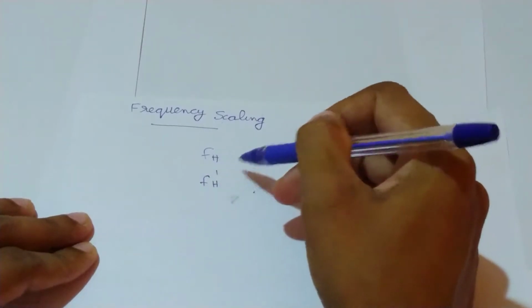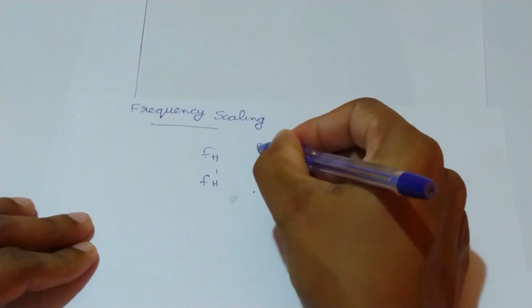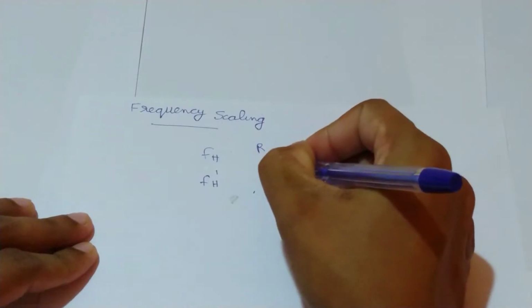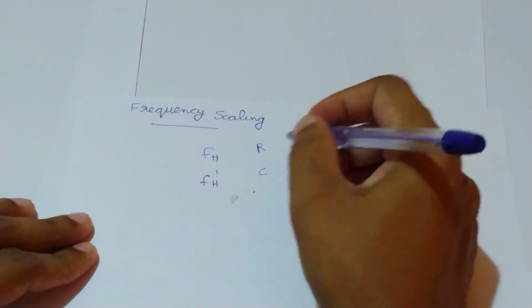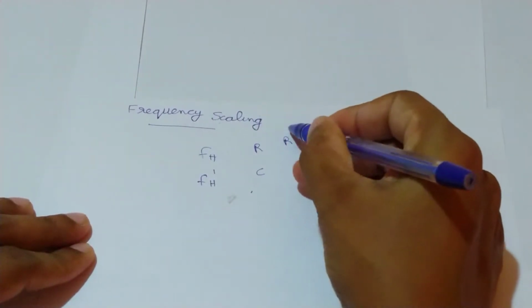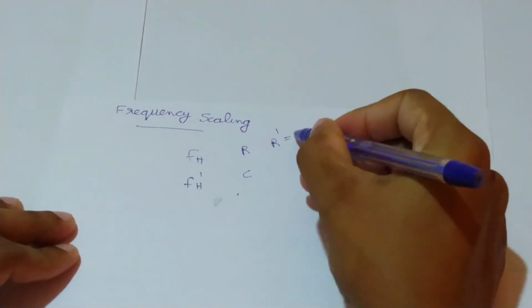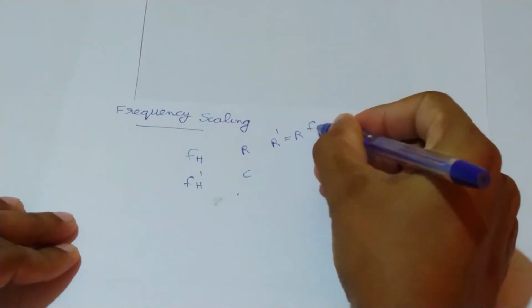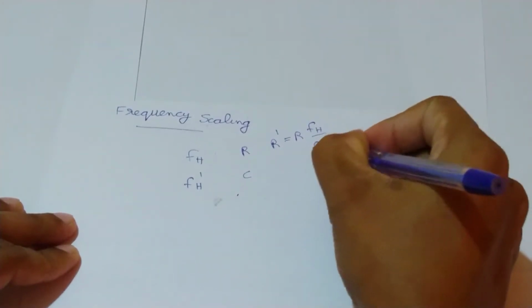For that we need to change either the resistance R or the capacitor C, and the new value of resistance is R dash is equal to R into fH divided by fH dash.